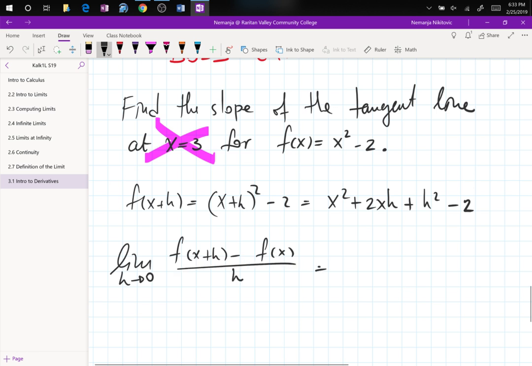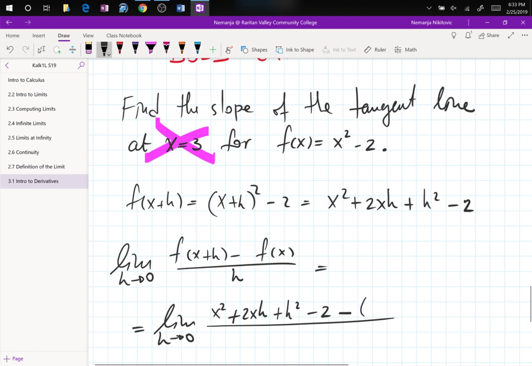So what do we have? We have the limit h goes to 0 of x squared plus 2xh plus h squared minus 2, minus, and now I have f of x.